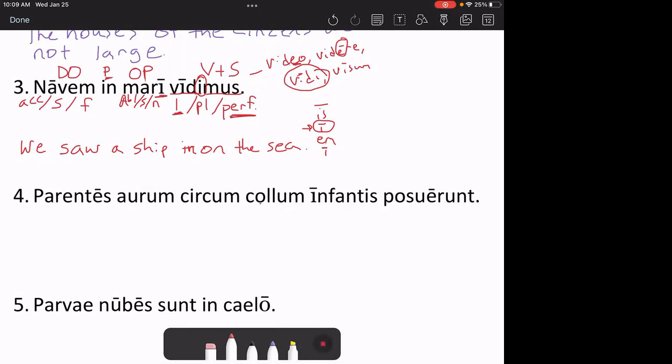So let's start with the easy things to find. Let's go to our verb. Posuerunt is the last word, which is always where you want to look for the verb, even though it's not always there. Good place to start. Posuerunt, it's not a linking verb. What's our ending? Okay, some of you might have gone unt and stopped there, but it's actually erunt. What verb is it from?